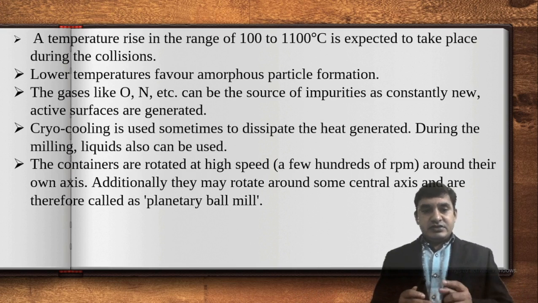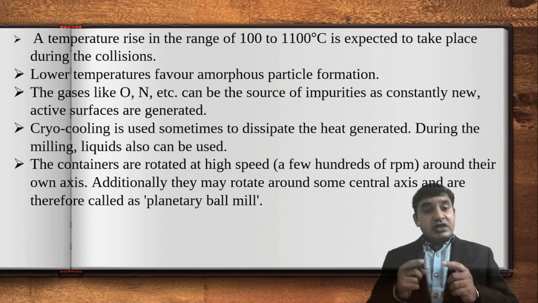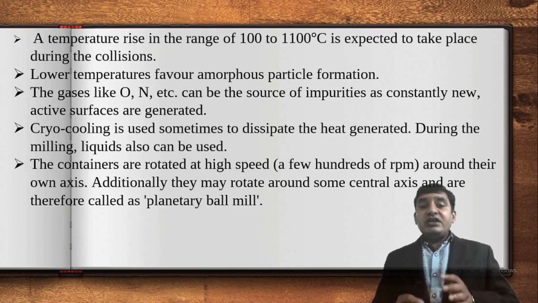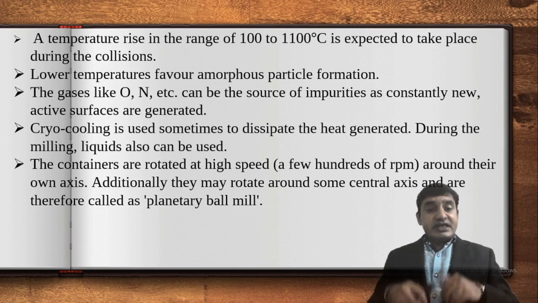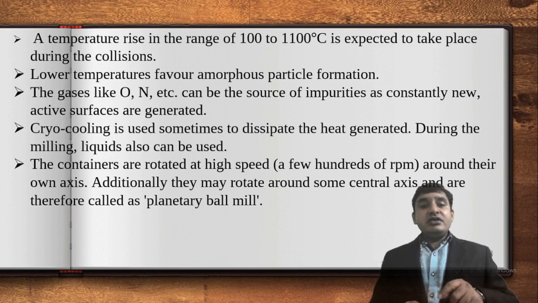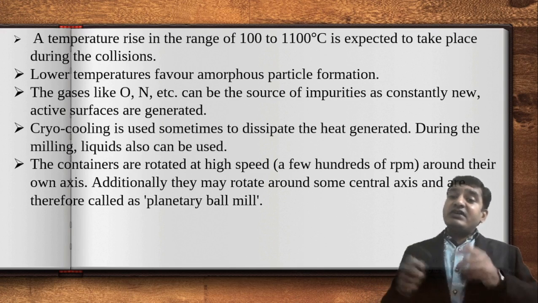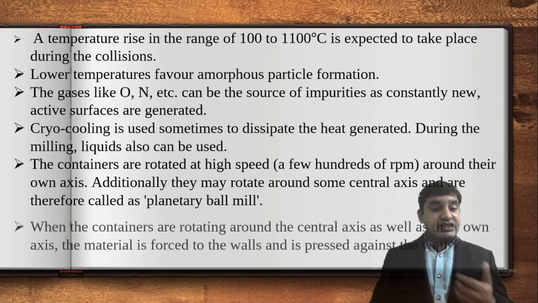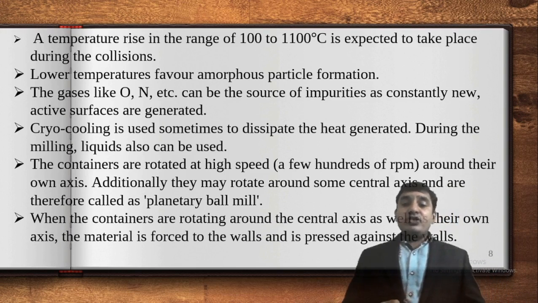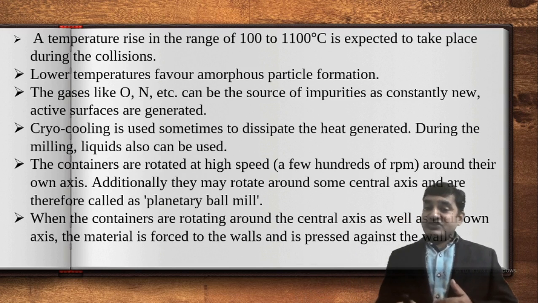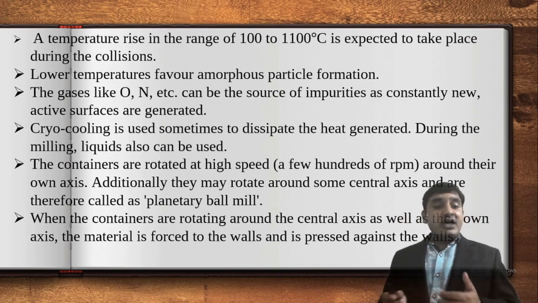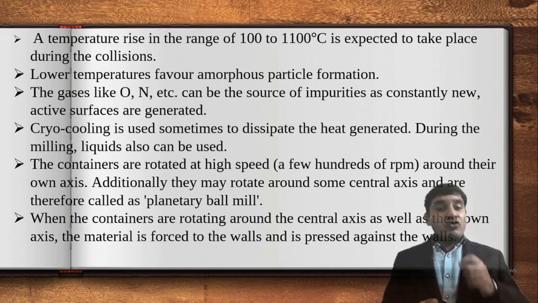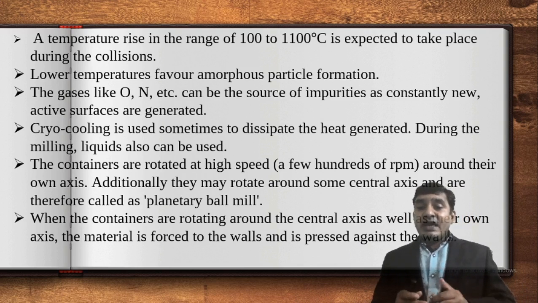Here the container rotates at high speed around its own axis and may also rotate around a central axis, so there is a cylinder inside the cylinder. When the containers rotate around the central axis as well as their own axis, the material is forced to the wall and pressed against the wall.